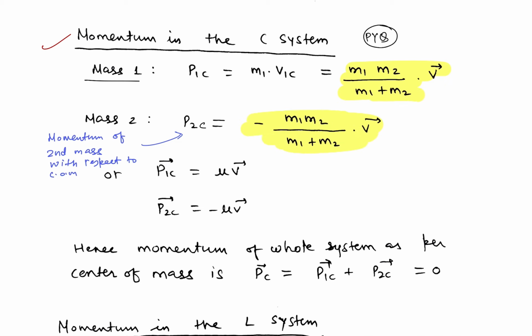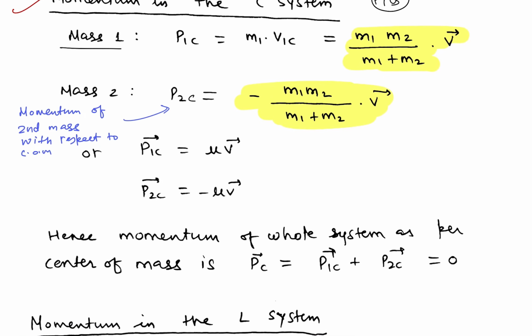And then there is another important part here. m1 multiplied by m2 divided by the sum of m1 and m2 is one very important quantity, that is the reduced mass. We call it reduced mass. So I think this is pretty clear.